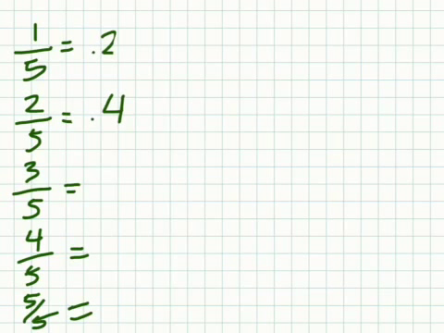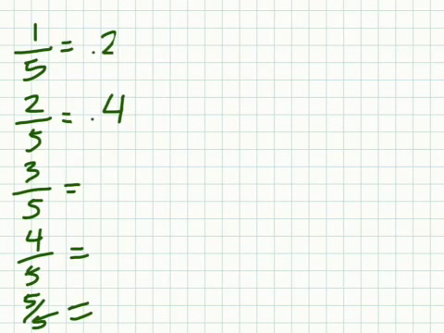What about 3/5? If our pattern continues where we're doubling and we're getting one more on there, we've doubled here, but just added one more here. So here we need to add one more group of 1/5.